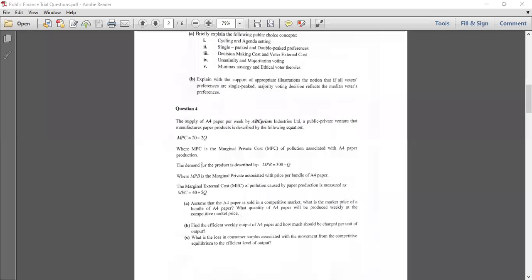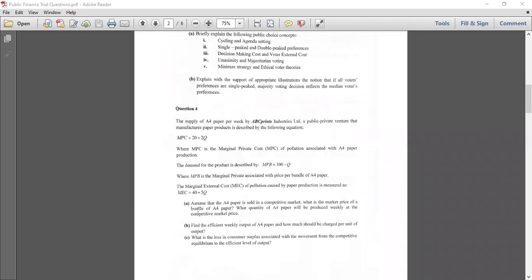The demand, which is the marginal private benefit, is given as 300 minus Q. The production of this A4 paper is causing a negative externality, given as the marginal external cost, which is 40 plus 5Q. So the information we have is MPC, MPB, and MEC.